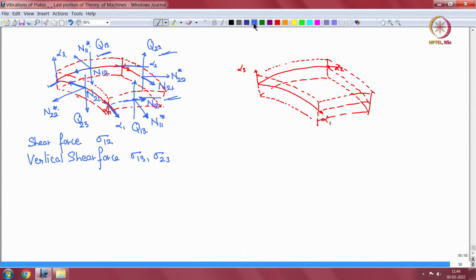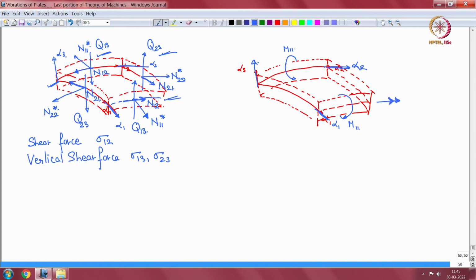Okay, so let us say this is my alpha 1, that is again alpha 2, this is alpha 3. Then my moment M11, this will be the M11 moment. Using the right hand rule, the vector would be going that way.